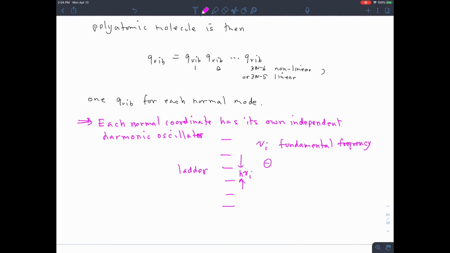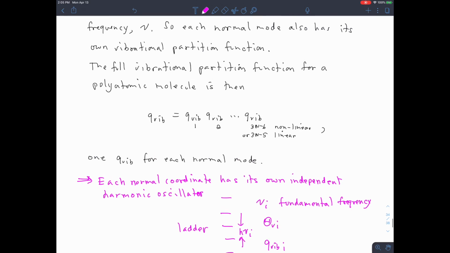Each will therefore have its own separate vibrational temperature, and therefore its own separate vibrational partition function. And the overall partition function for all vibrations, all normal modes combined, is just the product. They're all independent, right? So it's the product of all the independent normal mode vibrational partition functions.